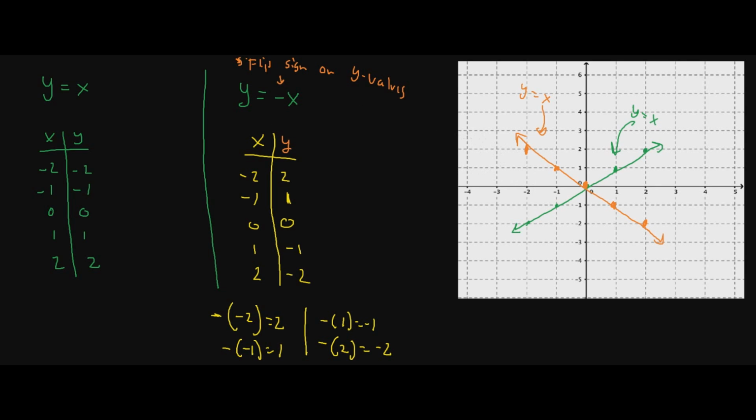So you'll notice the big difference between these two equations is that we have flipped our y values, and so basically it looks like the line is being reflected over, this is the x-axis, right? You'll notice we're just taking these values here and we're flipping it and putting it down below, taking it and flipping it.